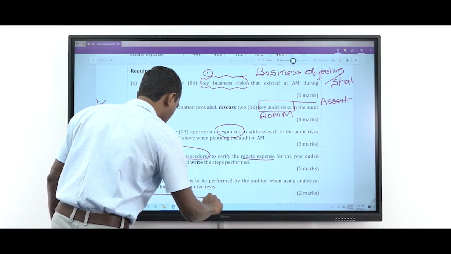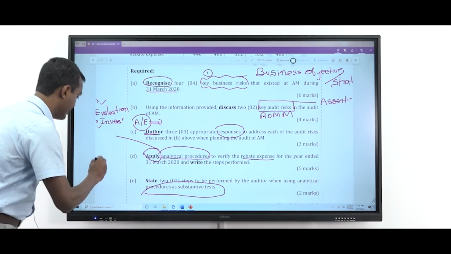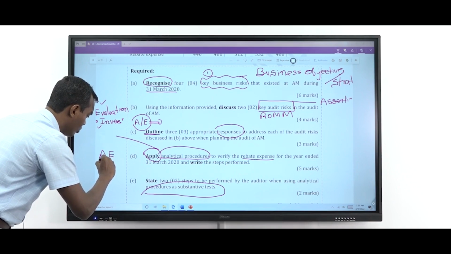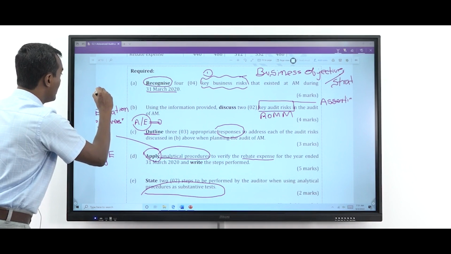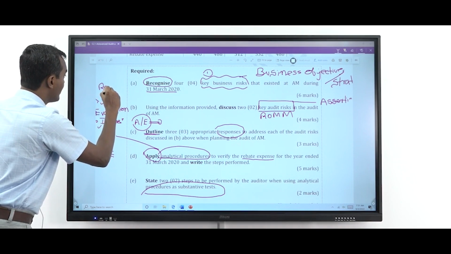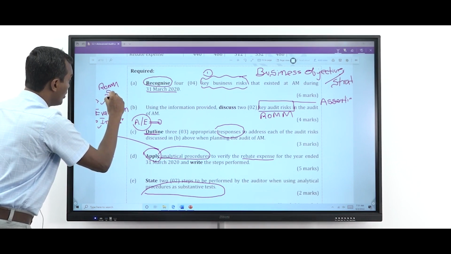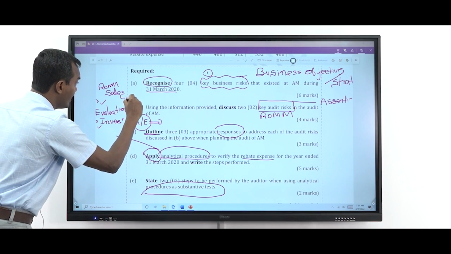Now this gives you another big theory that when it comes to audit evidence, the auditor's smart way of gathering audit evidence is what? The first thing is, whenever there is a risk identified, ROM, let us say ROM is sales, right? We are talking about sales overstated due to a cutoff error.